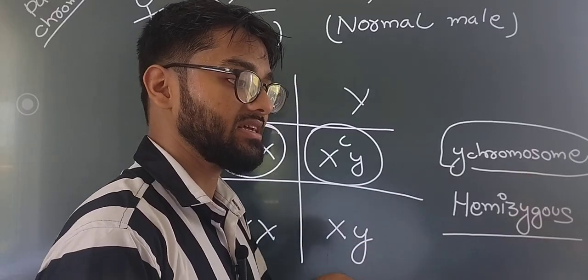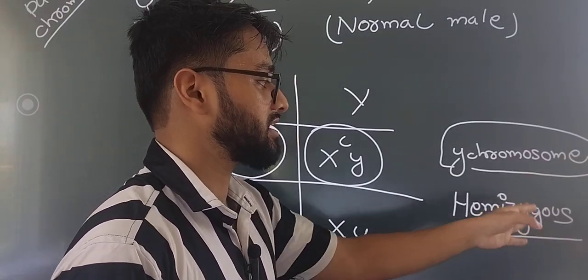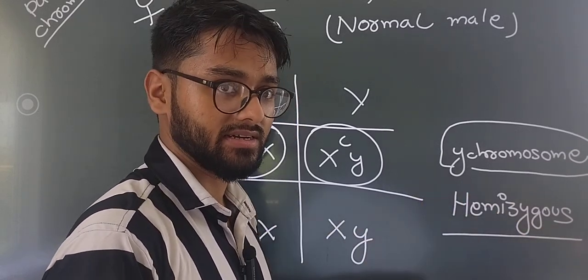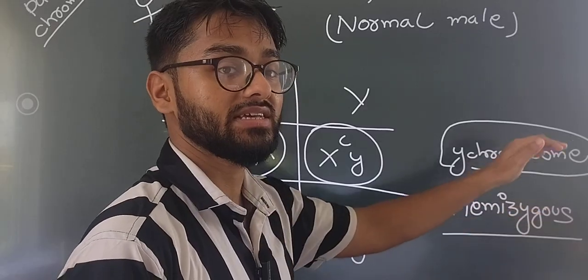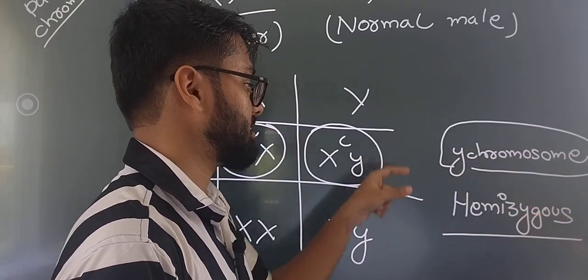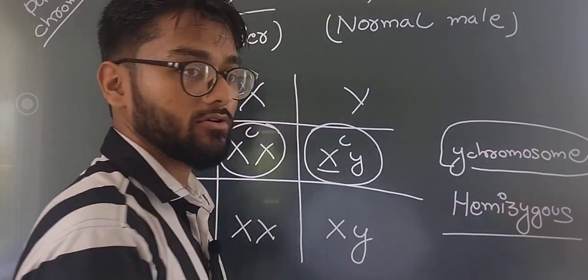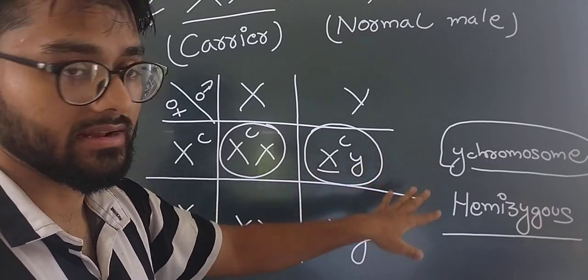So it becomes something intermediate and gives you a hemizygous condition. In a hemizygous condition, the affected chromosome will always express whatever it carries. That is why the X chromosome is able to express it very clearly.